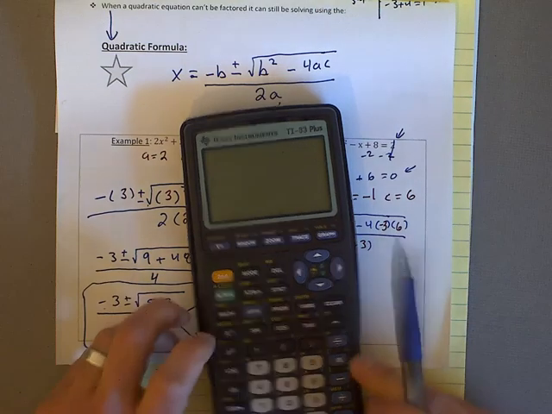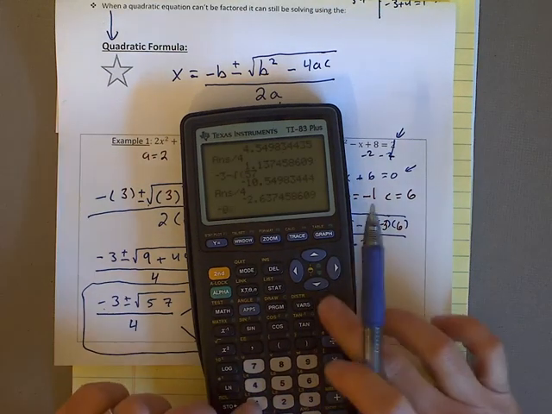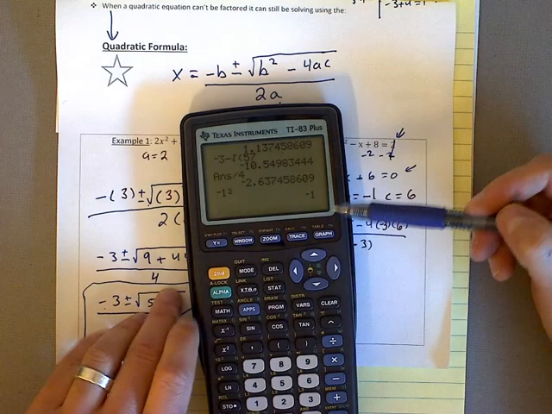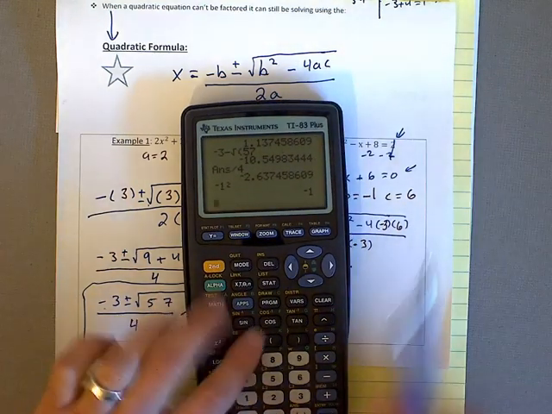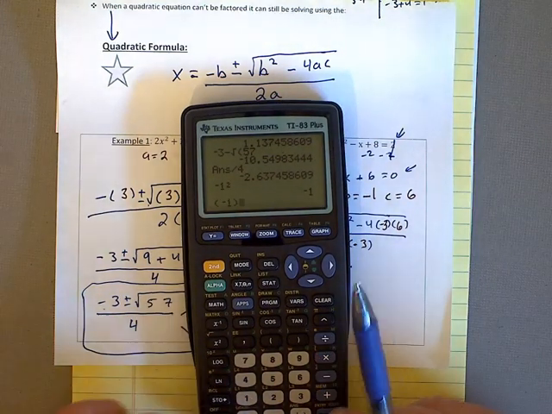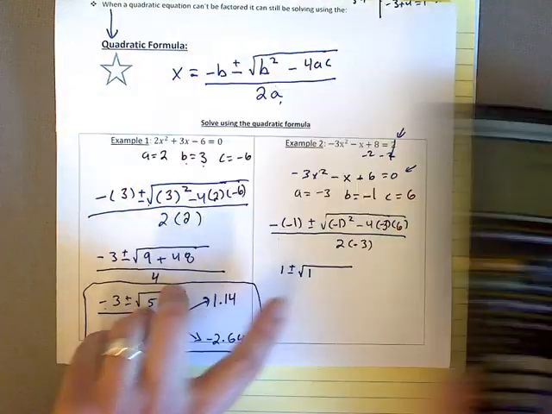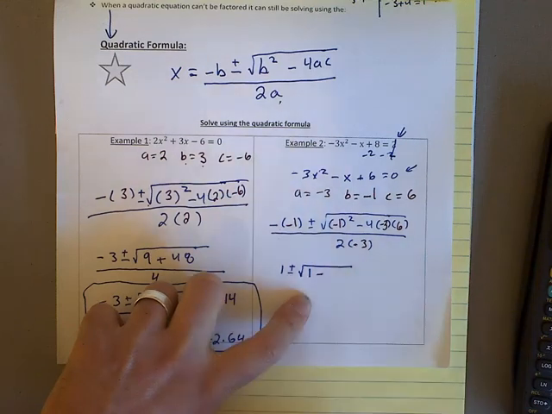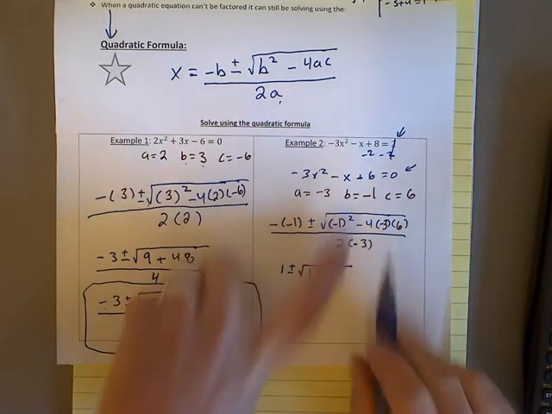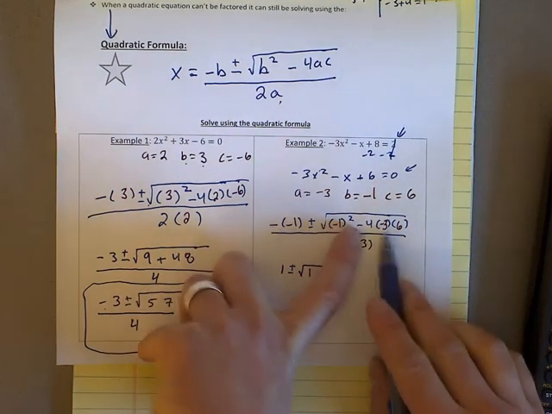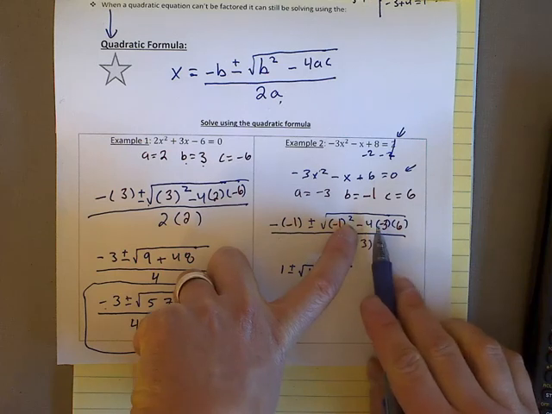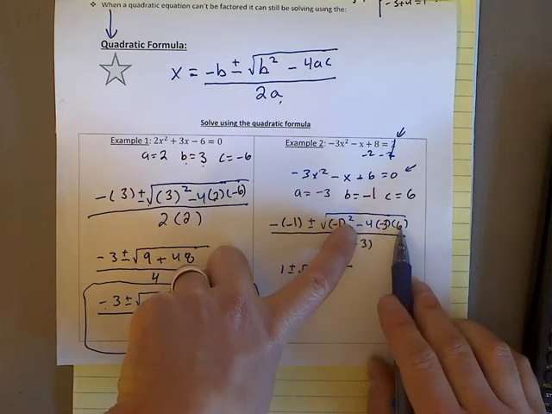Sometimes I have people putting in something like -1 squared, and that does give you -1. But what you should be putting in is -1 in parentheses and then squared. So that's always going to be a +1, minus, but then since I have minus and minus, it's going to end up being plus -4 times -3 times 6.